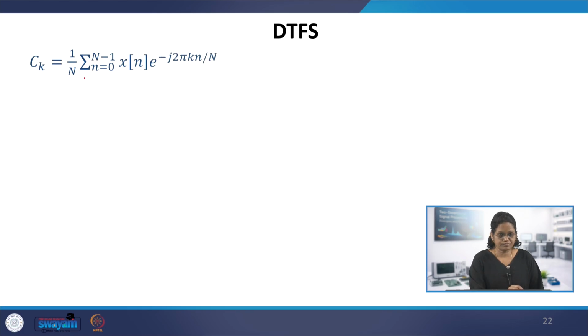So to obtain the coefficients, 1 by n, we use the DTFS equation, with n varying from this. N is 5. So substituting over here, the samples are known, and expanding this summation, x of 0, and for different values of k, this is the ck equation.